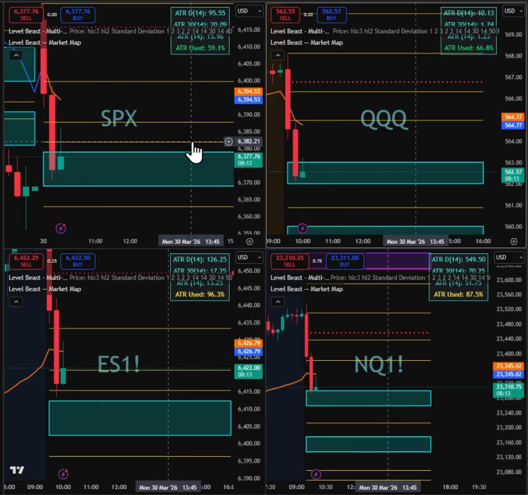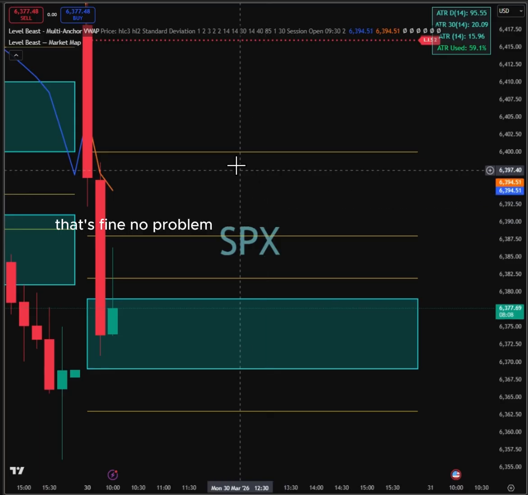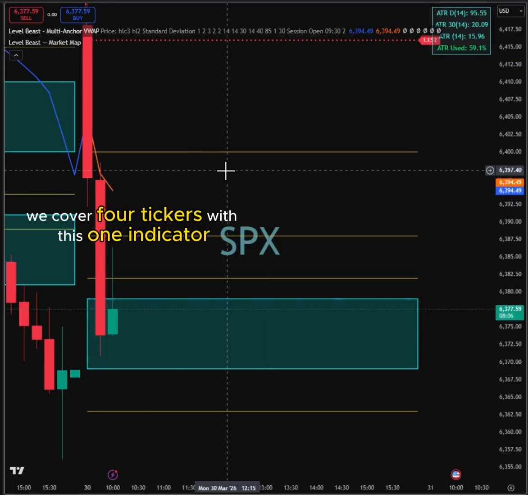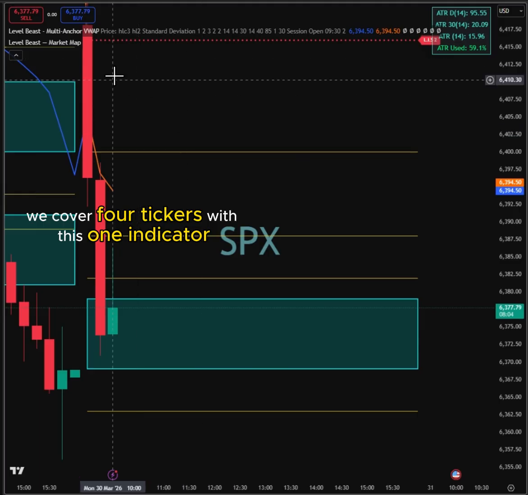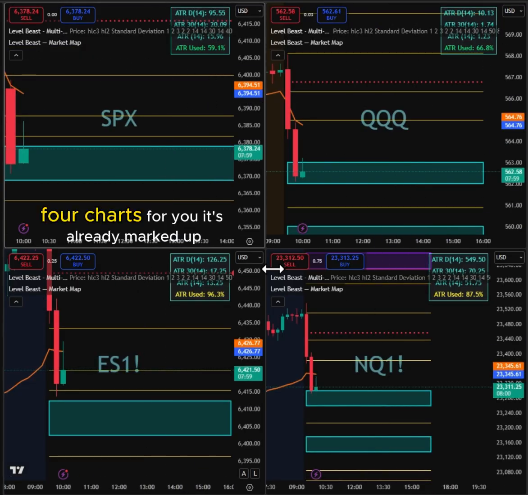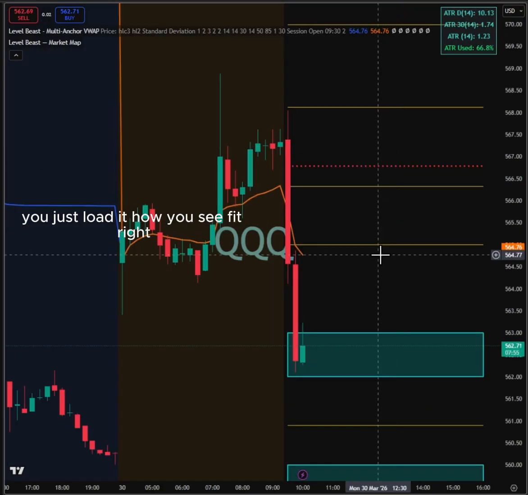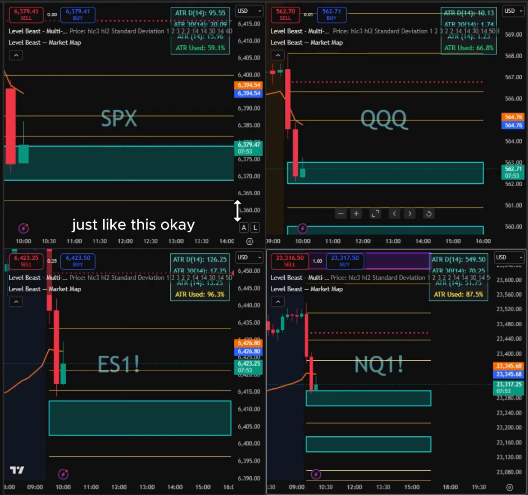Therefore, some traders only use one chart. That's fine, no problem. With the Market Map indicator, we cover 4 tickers with this one indicator. We've got 4 trade plans. We've got 4 charts for you. It's already marked up. You just load it how you see fit, right? Just like this, okay?